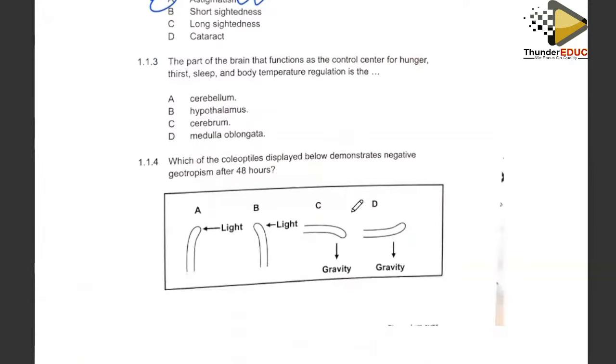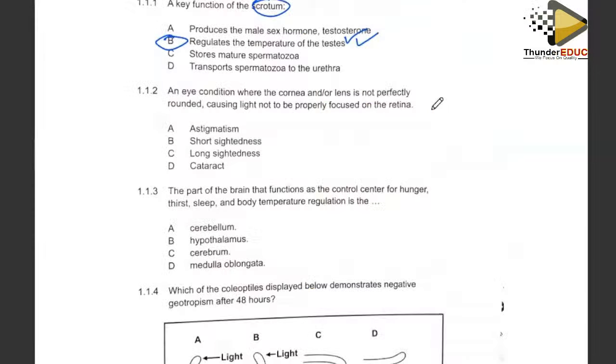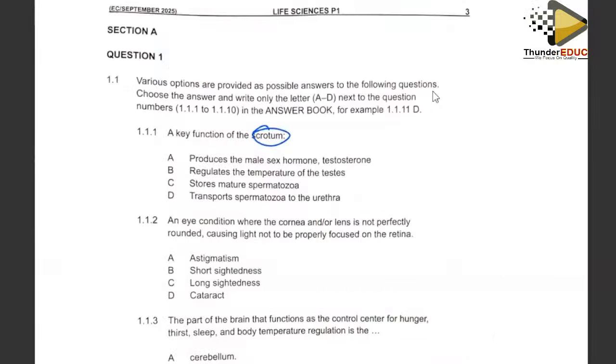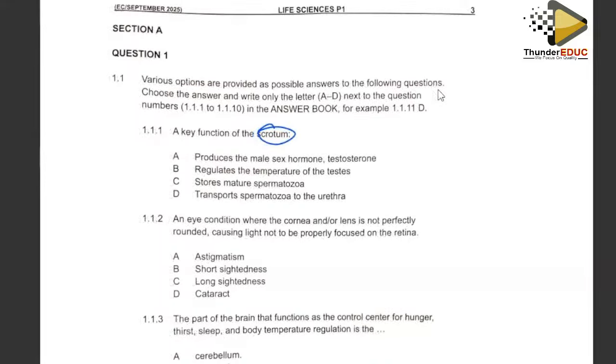Then we go to the next part. The function of the scrotum is very important for protection. So how does it protect? First of all, it gives mechanical, physical protection. It also helps in protecting the testes against too much temperature.